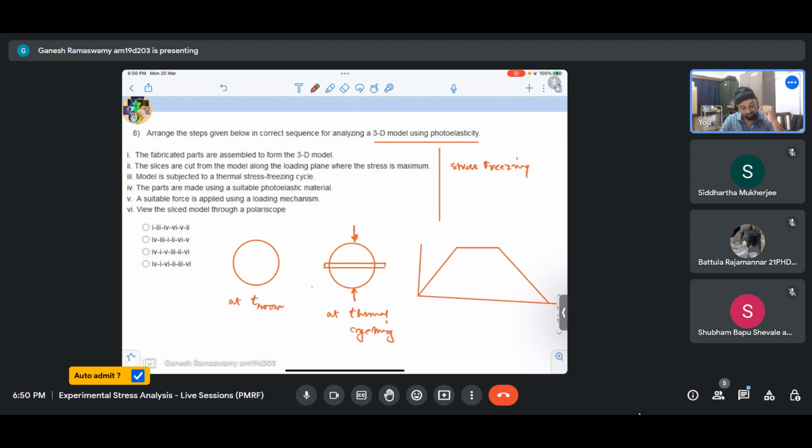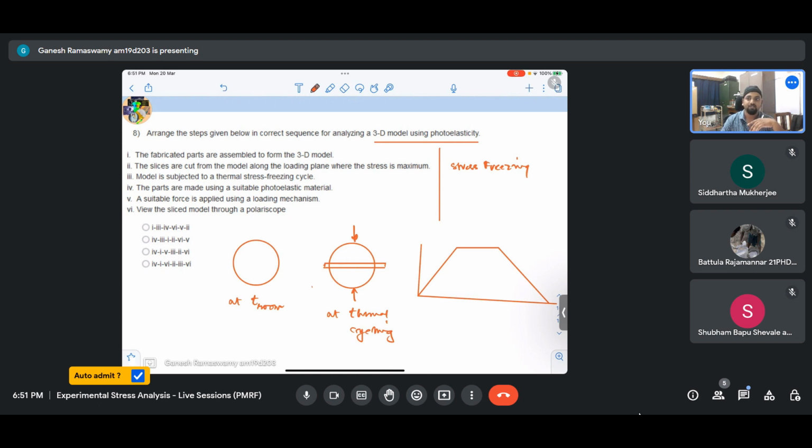But rest assured that once we have done the stress freezing process and the slicing has been careful, with the use of coolants and all that, we can take those slices, place them in a polariscope, and take a series of images along the depth of the model. Once we take these, we can process them using either phase shifting or three fringe photoelasticity, as we saw.